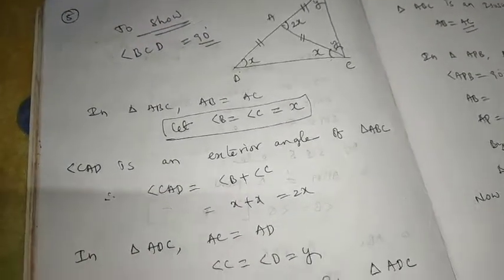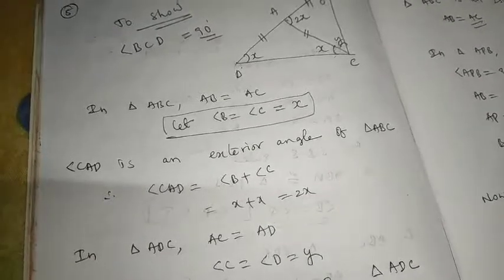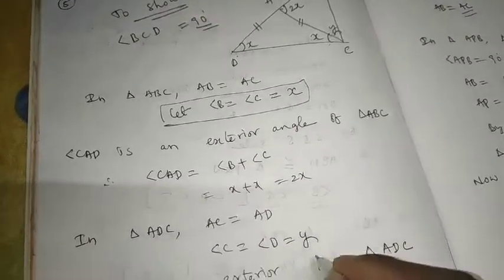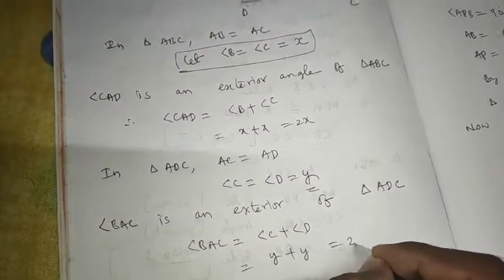So angle BAC is equal to angle C plus angle D, and as we know, it is Y plus Y, that is 2Y.